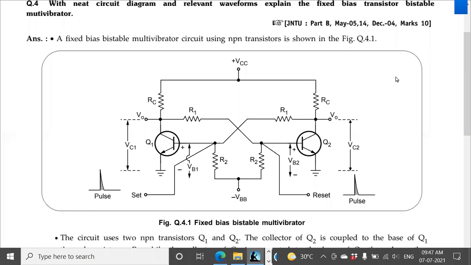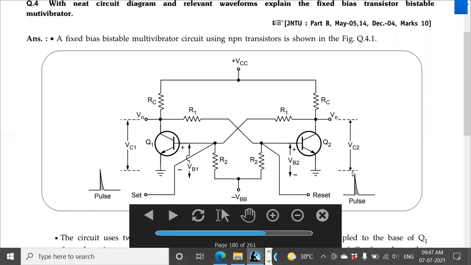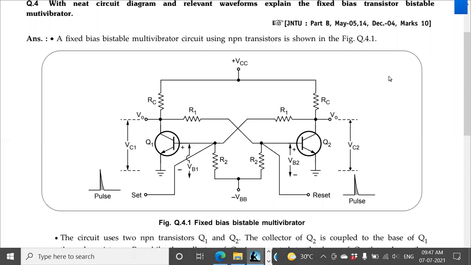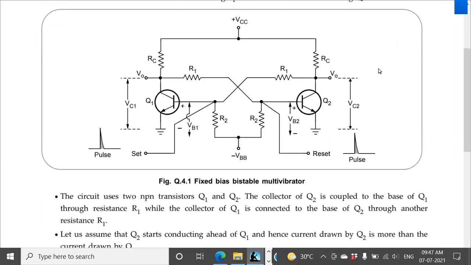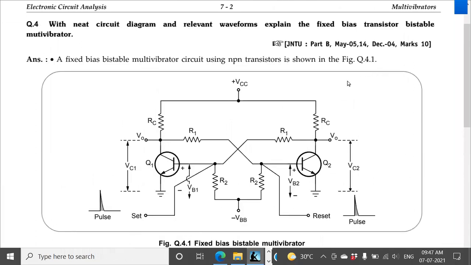So this is the circuit of the bistable multivibrator. Now let us see what happens. This is a symmetric structure, isn't it?